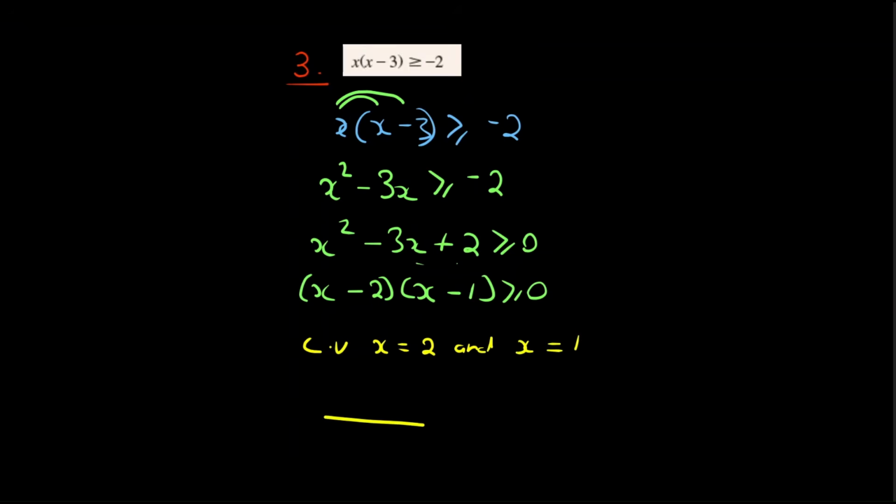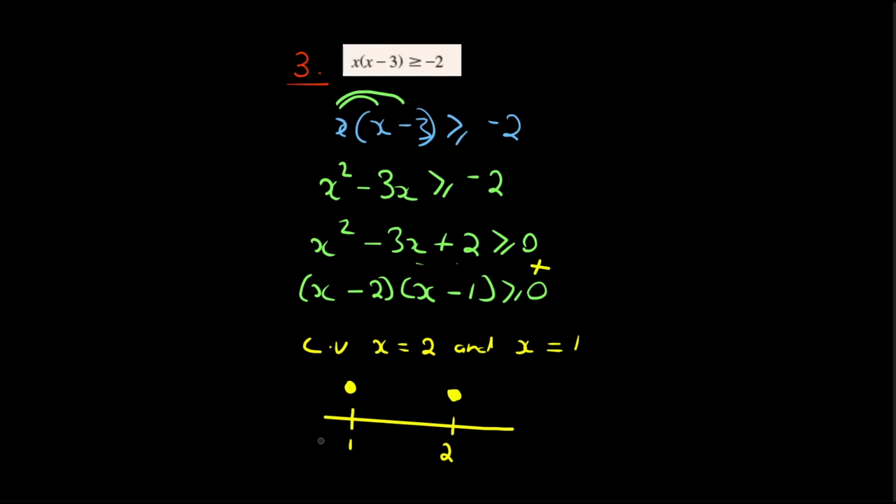Then we draw a number line. It is 1 and 2, and it's greater or equal to. This time it means we draw solid dots. It means we're looking for the area where it's positive.